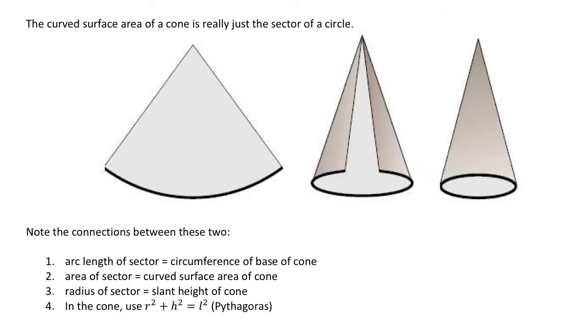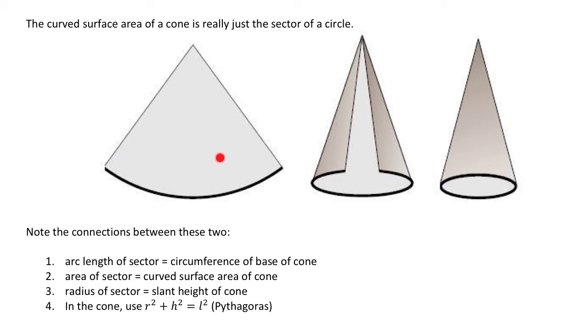Now in chemistry, whenever you were working with filter paper, what you maybe did was have a circular piece of filter paper and cut out a sector like this, and then you could fold that around and it would make a cone. So a cone is really just a sector of a circle which has then been joined up to form a cone. The arc length of a sector, so that's the curved part at the bottom, is equal to the circumference of the cone.